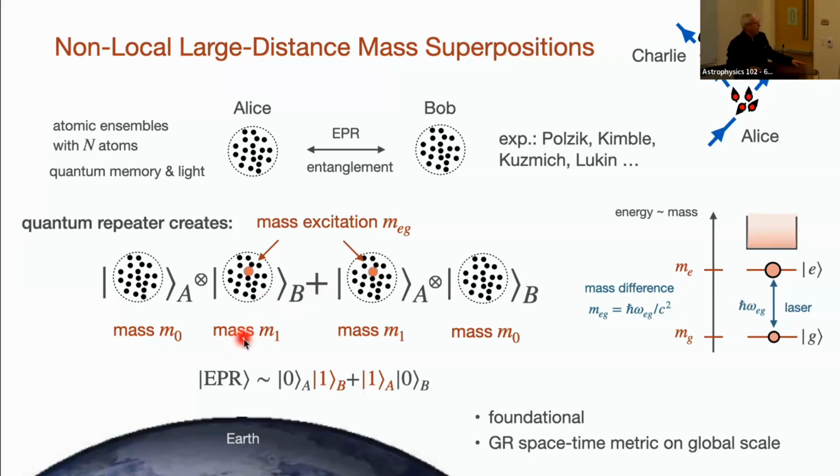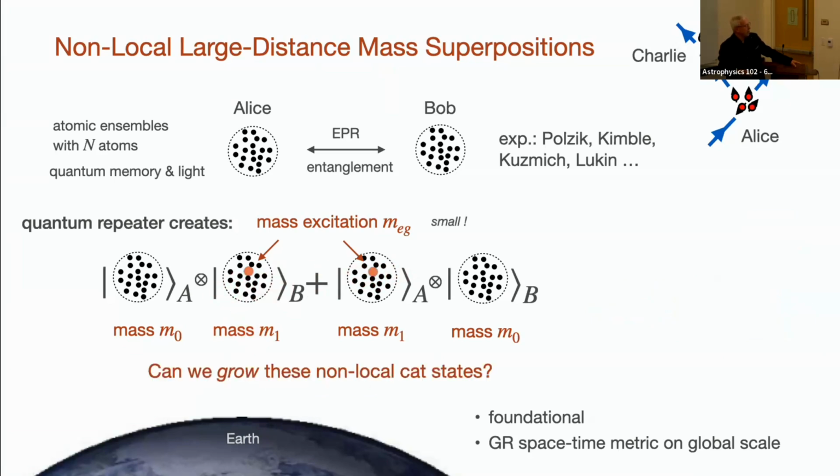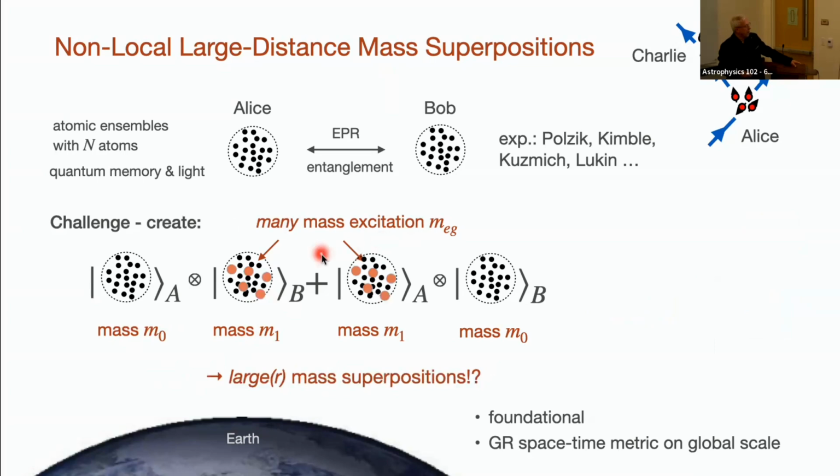So the first thing that we're asking, and this is now the room for the variational protocol, is: can we now make mass superpositions that are not only one excitation, but maybe many? So we would like to create a state that somehow grows, and we have many excitations, and we're going to use variational circuits for that. So this is making the cat that we have over here bigger.